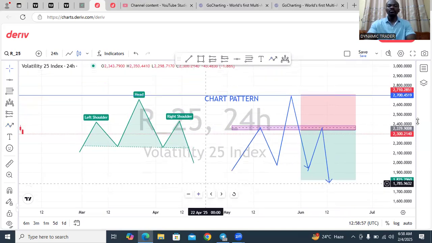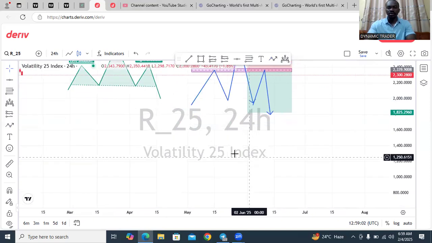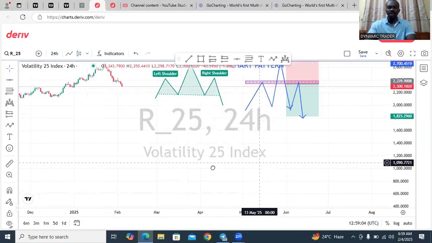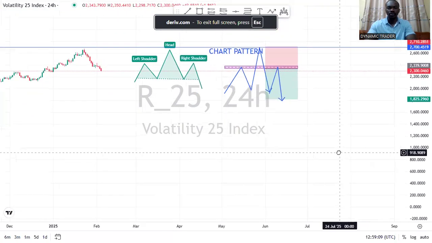Now, as SMC traders, we don't trade this way. How do we trade the head and shoulders pattern? It's very simple and straightforward.